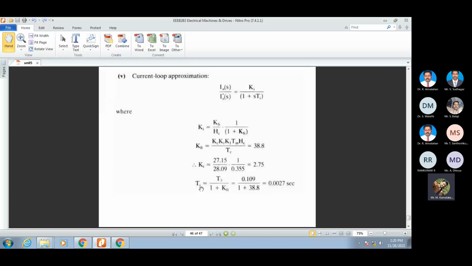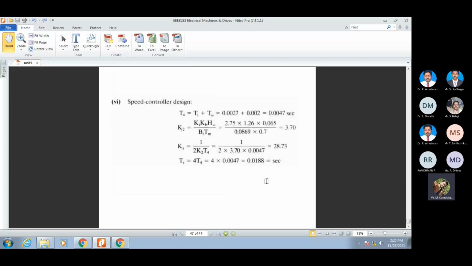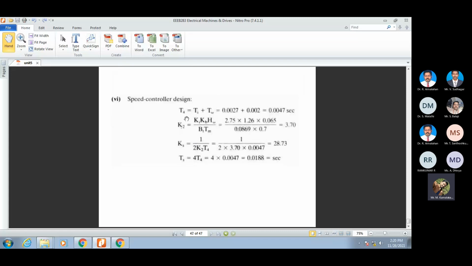Seeing here, it's clear that this should be the time constant, or it should be the delay. Beyond that it should not go. If there is any deviation in the values we are getting, then there will be a lag in the system performance. So the speed controller design, this is all the equation.